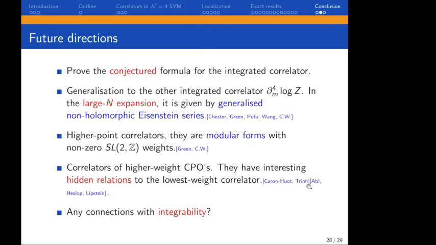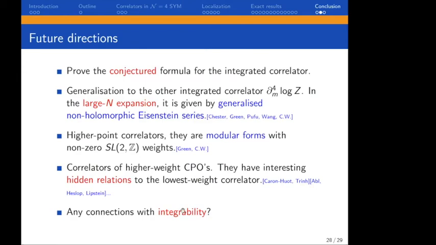In fact, it was talked about last week by Heslop: interesting so-called hidden relations between high weight operators and the lower weight ones. At least, first it was discovered in the supergravity limit. Then there was some extension, even when you include stringy corrections. So it would be interesting to see if there's any hint, even for the integrated correlators.